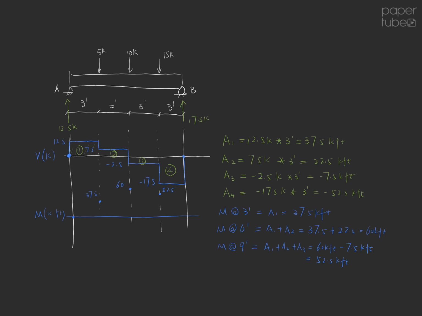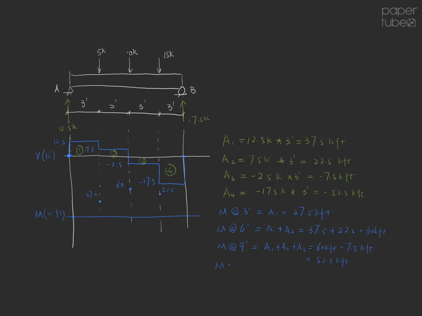Now, what is the value of the moment for the last point? It has to be 0. One thing that we can check is we can sum all the area for your shear and see if it actually gives you 0. If not, then you're in trouble, right? Let's take a look.